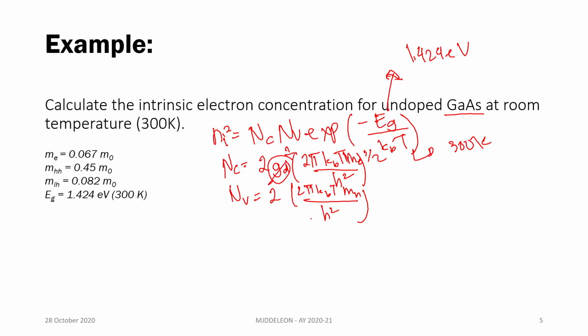Then we have mH. mH is equal to (mHH to the 3 halves plus mLH to the 3 halves) all raised to 2 thirds.